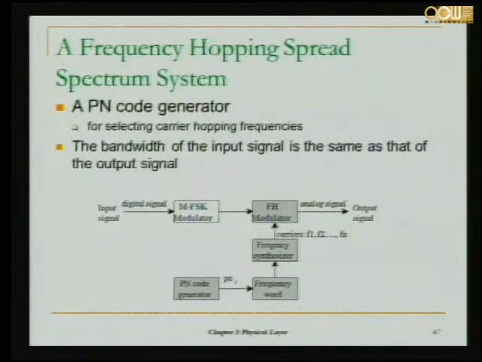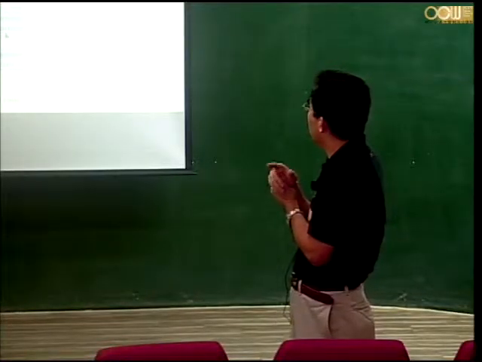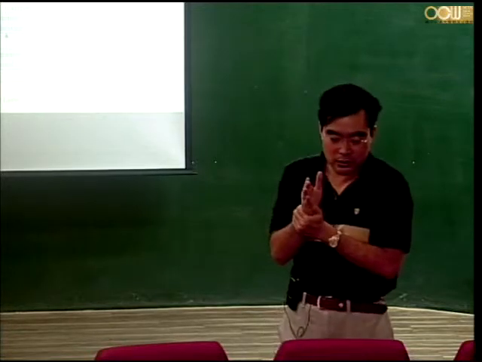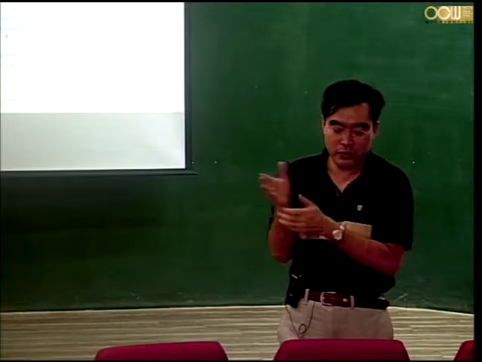And there's another kind of spread spectrum which is called frequency hopping spread spectrum. It's less used because you can't hop too fast. You can't hop between frequencies too fast.